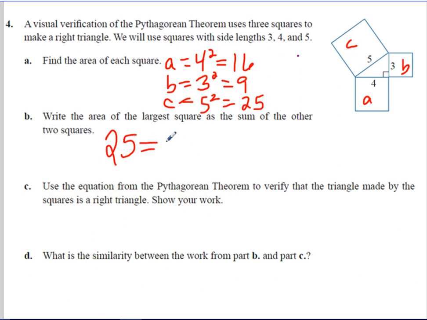So A squared plus B squared, in this case we got 16 plus 9. And we see that 16 plus 9 is 25. So 25 equals 25, because again, this was 5 squared equals 4 squared plus 3 squared. And then we see that 25 does equal 25. So it checks.